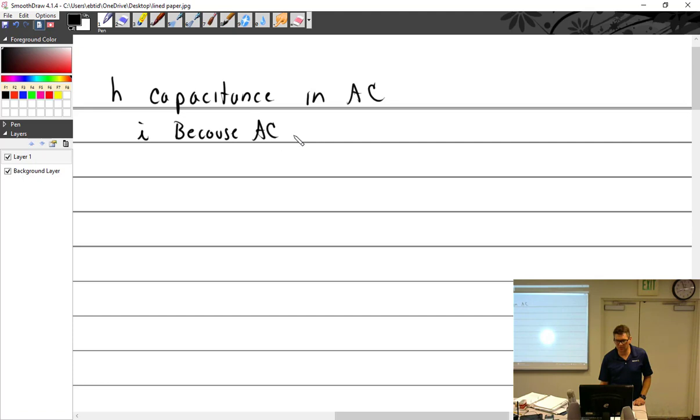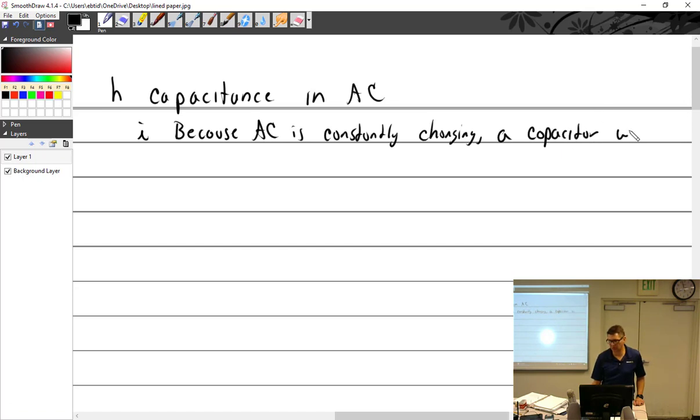Because AC is constantly changing. What's it changing in? Amplitude, yep, and it periodically reverses, and duration, yes.